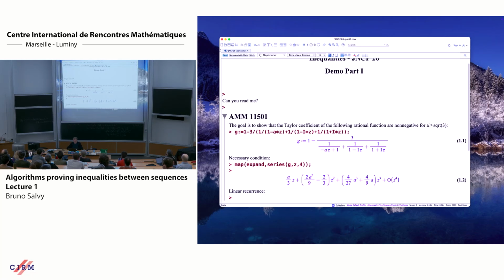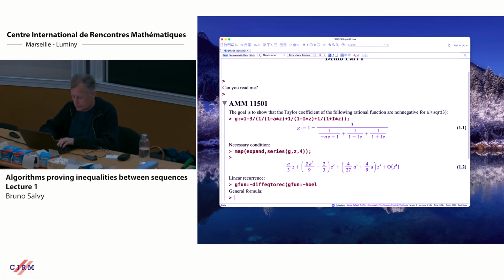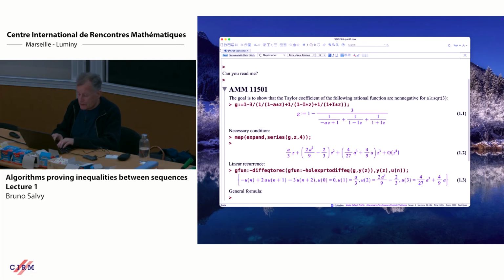So let's look at the linear recurrence satisfied by these coefficients. Since it's a rational function, you can do what you want. Okay, so the recurrence is there.